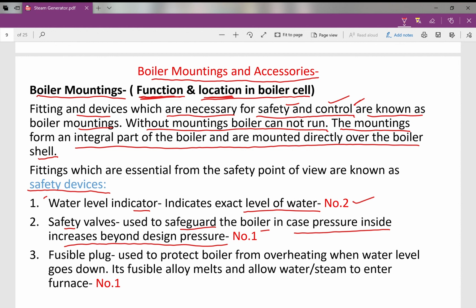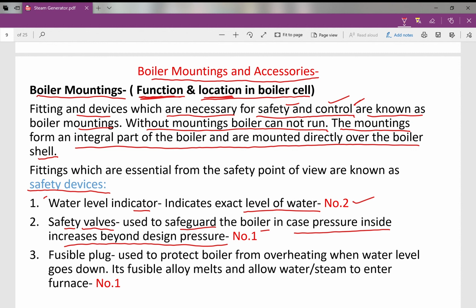If the pressure goes beyond that, the extra steam goes out through the vessel, and that is nothing but a safety valve. The safety valve on a pressure cooker is a dead weight safety valve. There are three types: dead weight safety valve, spring loaded safety valve and lever safety valve.